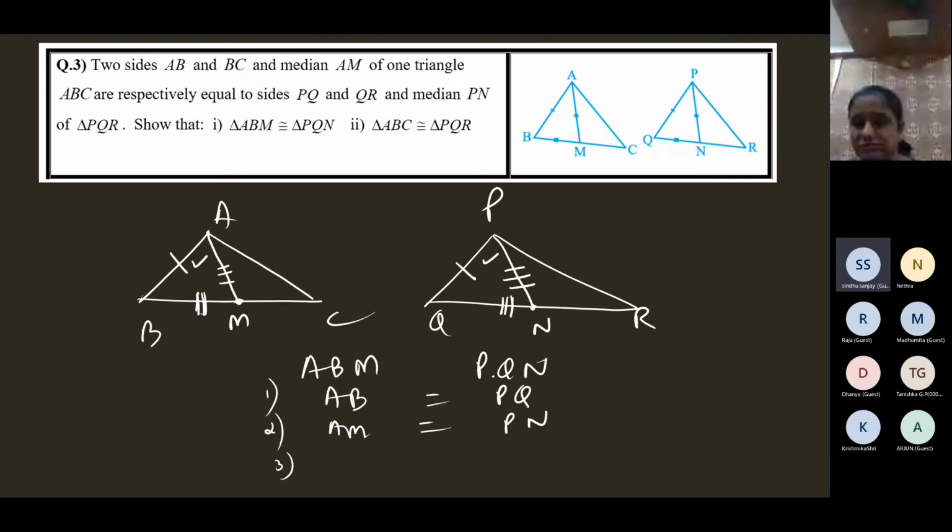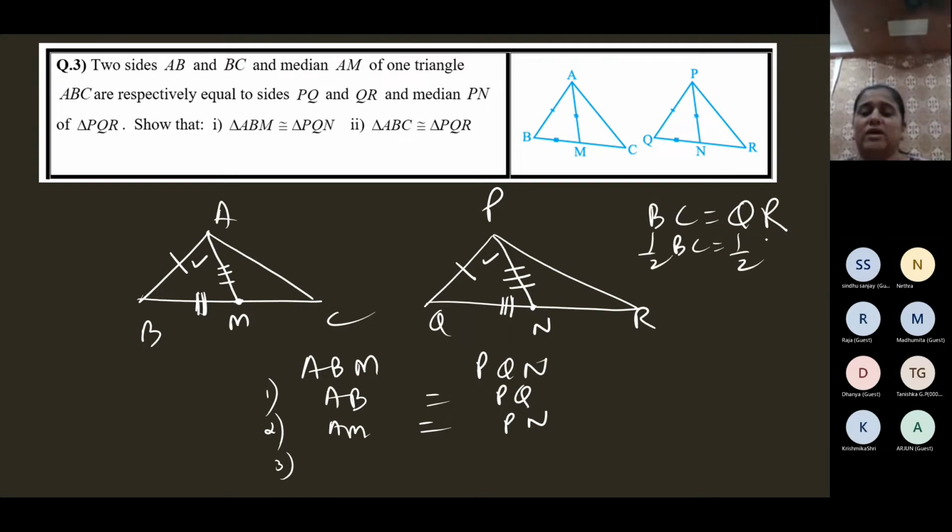Ma'am, BC equals QR, half of BC equals half of QR, BM equals QN. Correct. So BC is equal to QR, given. Half of BC will be equal to half of QR. Now, why are we taking half? Because we know the midpoint. What is half of BC? You can write BM or CM.